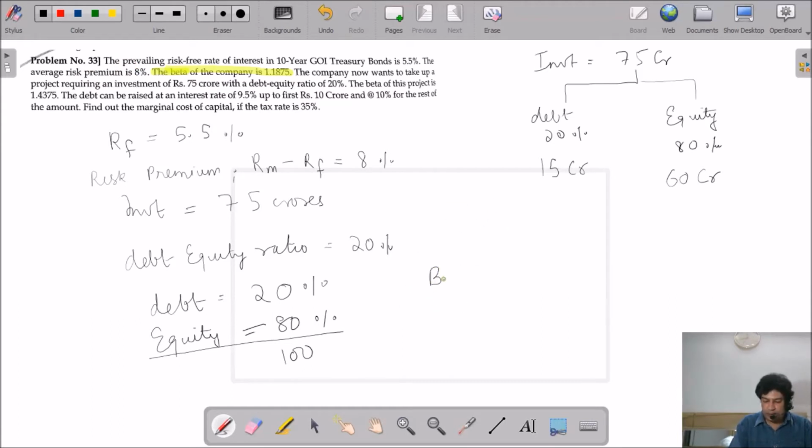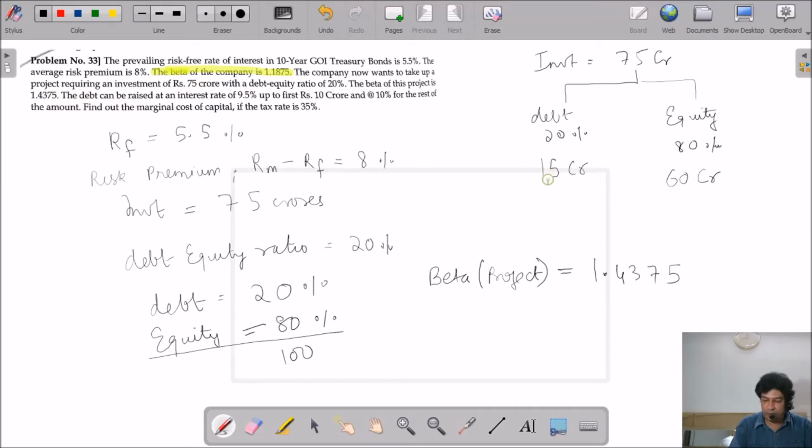We require the beta of the project since we are going to calculate the marginal cost of capital which is relevant to a particular project. So 1.4375 is the beta. Now the debt can be raised at an interest of 9.5% up to 10 crores and 10% for the rest of the amount.